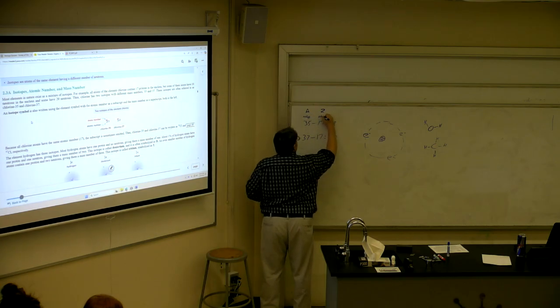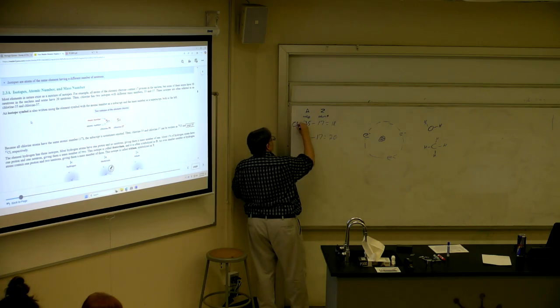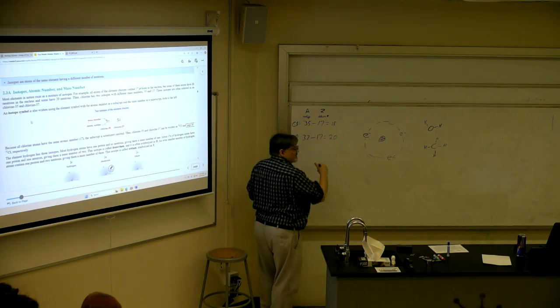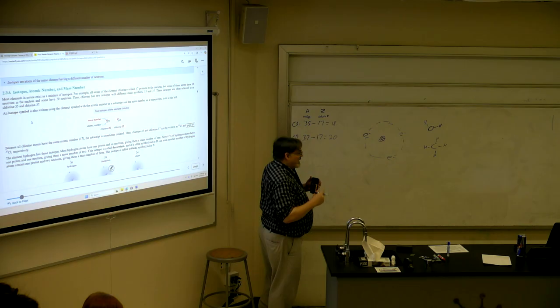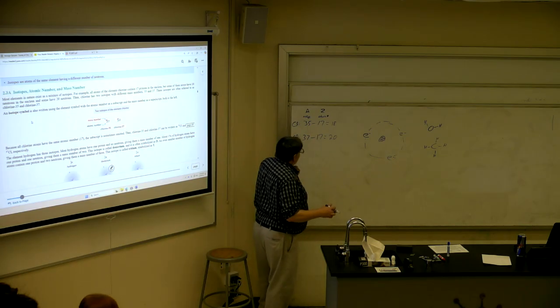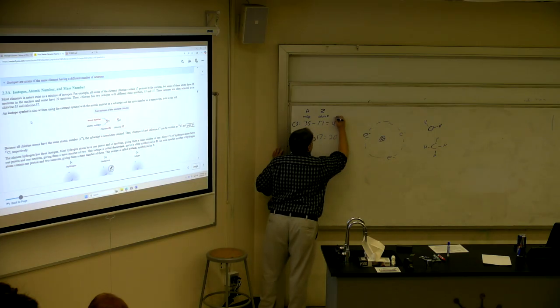This is A, and this is Z. That is mass number, atomic number. That's the number of protons in a chlorine atom: 17, because if it's a chlorine atom, it has 17 protons, period.